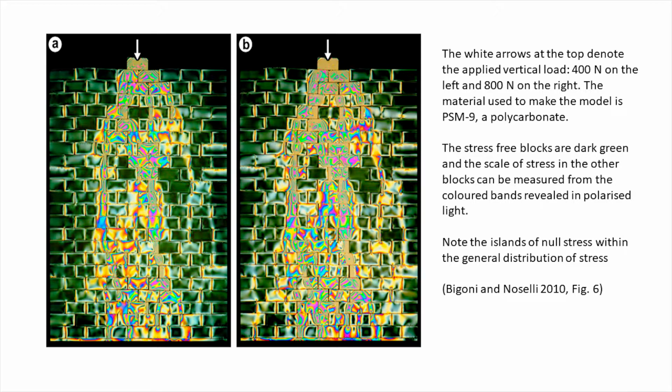I put this in just to add a little flavor to the randomness of it all. This is a wall built in polycarbonate, which when you shine polarized light through it from behind, gives different color bands in proportion to the amount of strain that the polycarbonate block is experiencing at the time. And there are weights at the top of both of these displays.